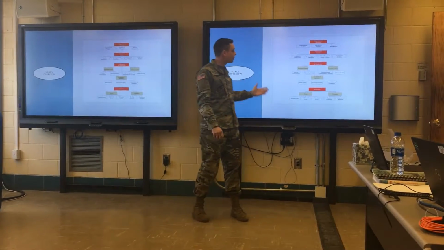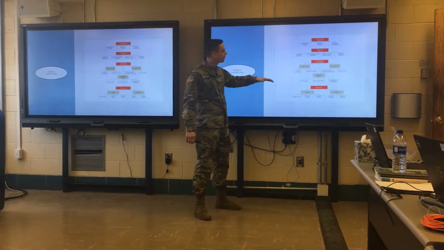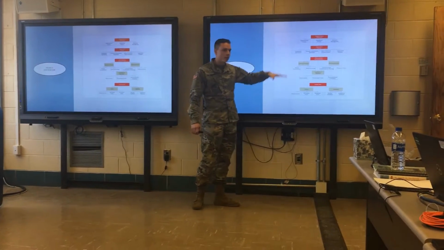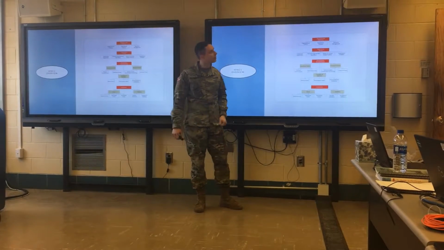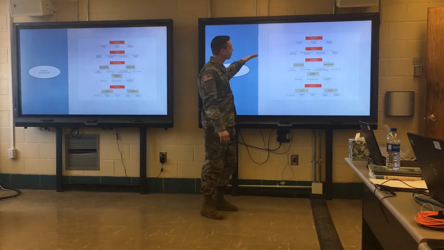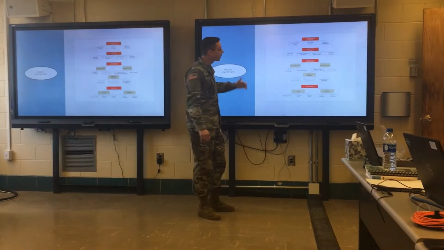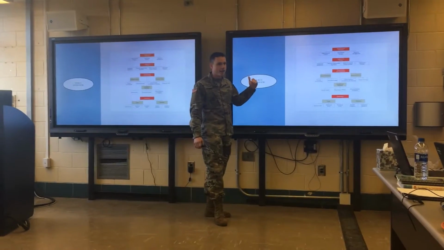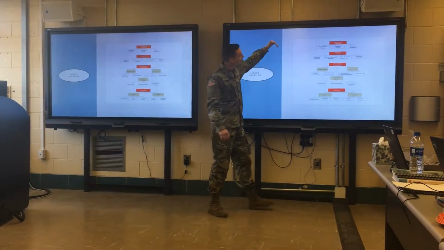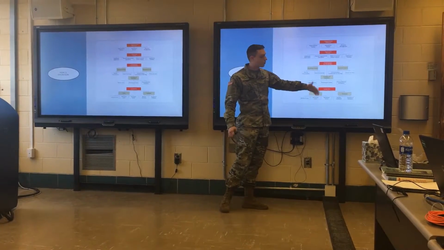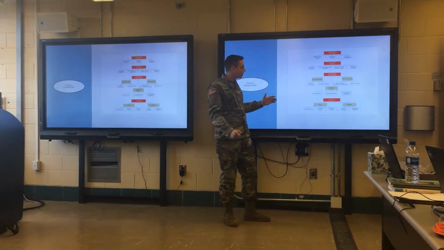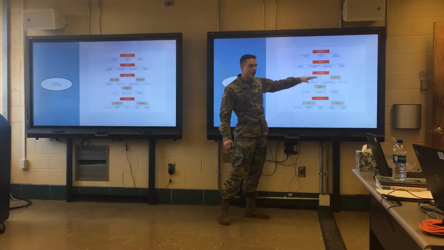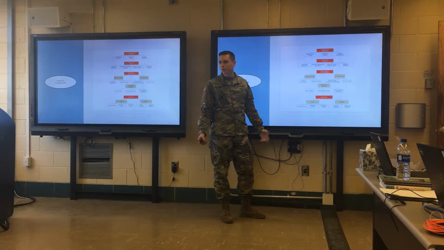So essentially what you do is you go through each one of these levels and ask yourself what went wrong at each of these levels. Theoretically speaking, you are going to find a hole or an error at each one of these levels for an accident to actually occur. If one of these blocks does not have an error, theoretically you will not have an accident.